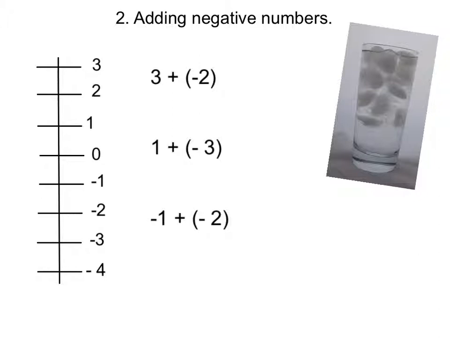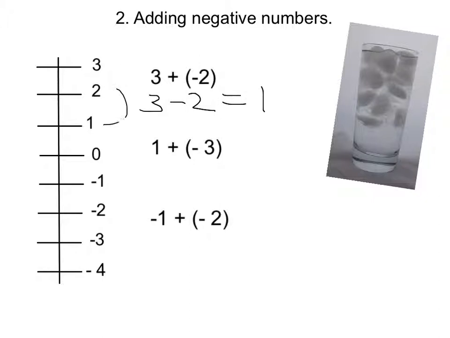Now pause the video and have a go at these three examples. For 3 add minus 2, well, that's the same as 3 take away 2, which takes us down to 1.